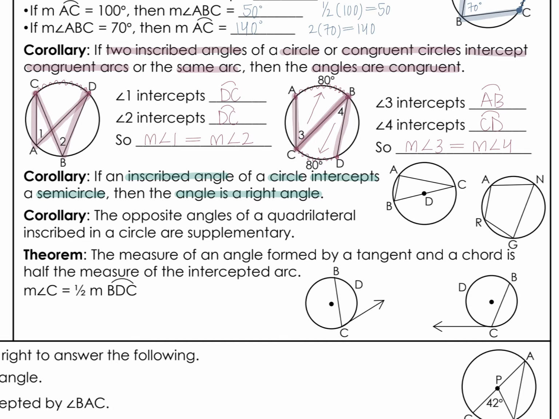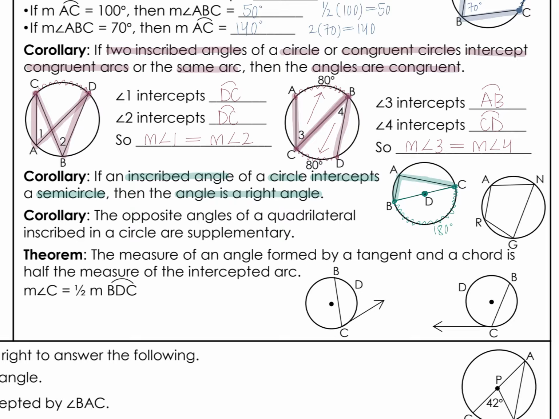If I look here at this inscribed angle, I notice that my endpoints are going to be B and C. Everything in between them, we would take half the measure of that arc to get that angle A. Since I noticed that this is a diameter, and I know it's a diameter because it goes through the center with two endpoints on the circle, then I know that this is going to be 180 degrees.